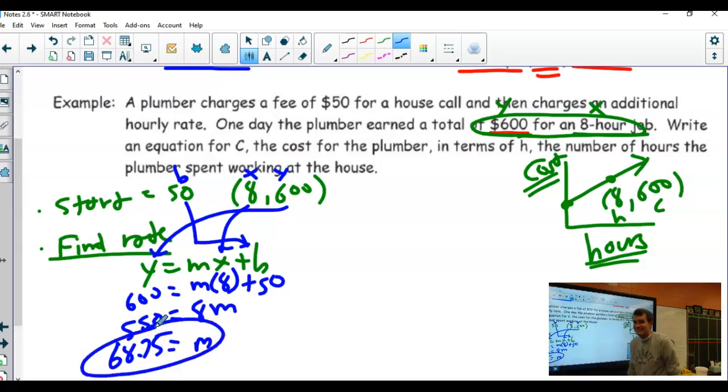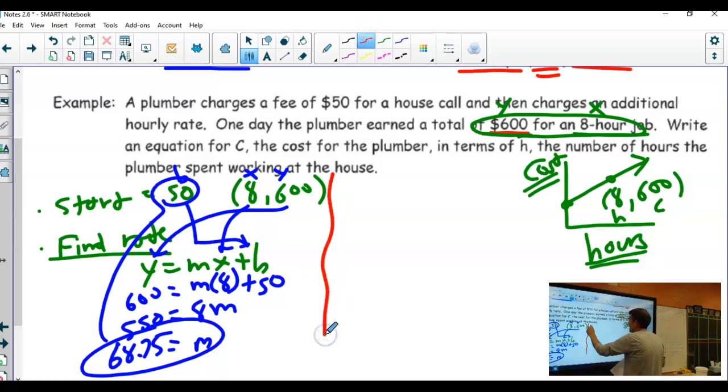That is my rate. This guy charges $68.75 an hour. And now that I know the rate and I know the starting amount, I could write the equation for the situation. Or, I promised you the other way, I could use the slope formula.